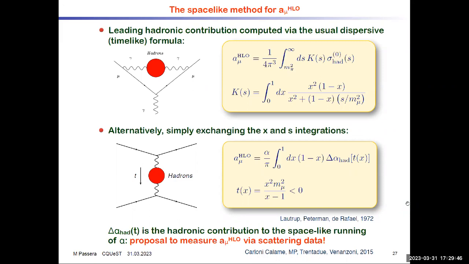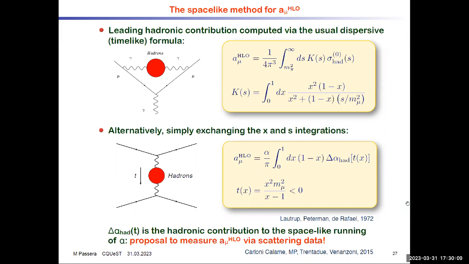This is the formula that I've already shown you more than once. It's the leading-order hadronic contribution, the hadronic cross-section sigma here, and the kernel function that I already told you about a few times. Now, if you switch the integrals over s and over x, first we do the integral over x, and then the integral over s.